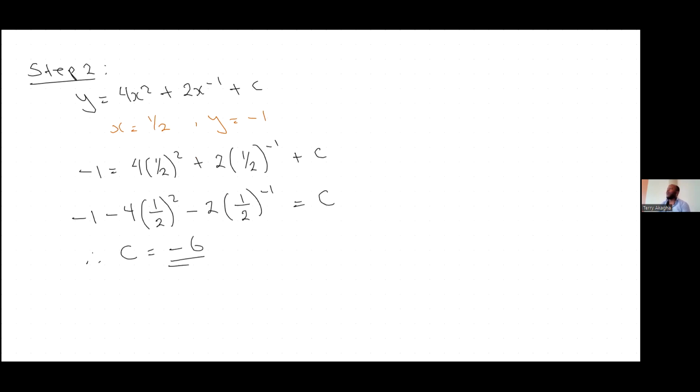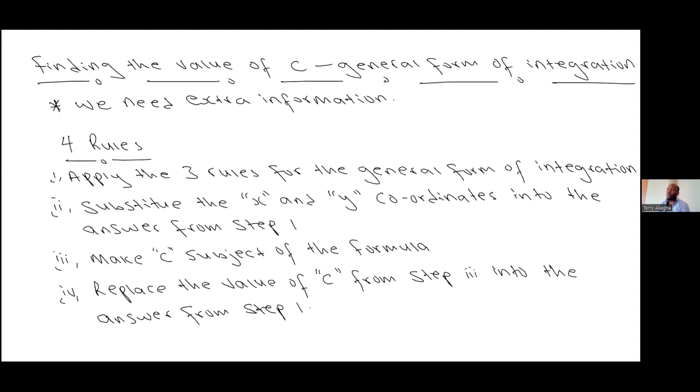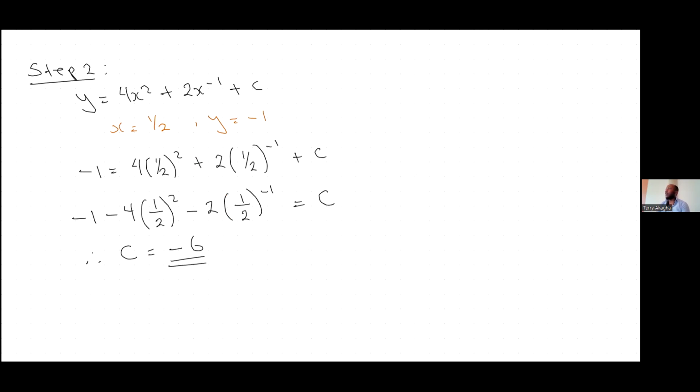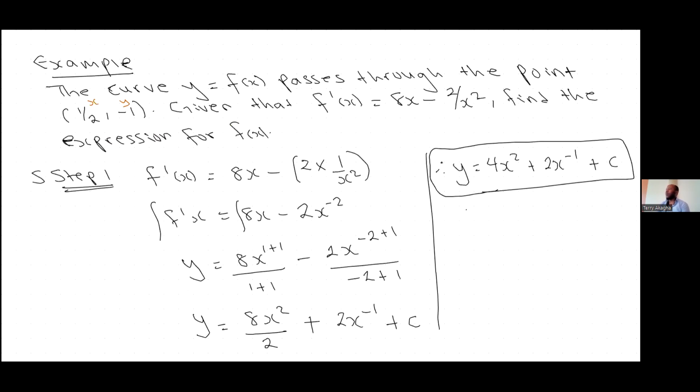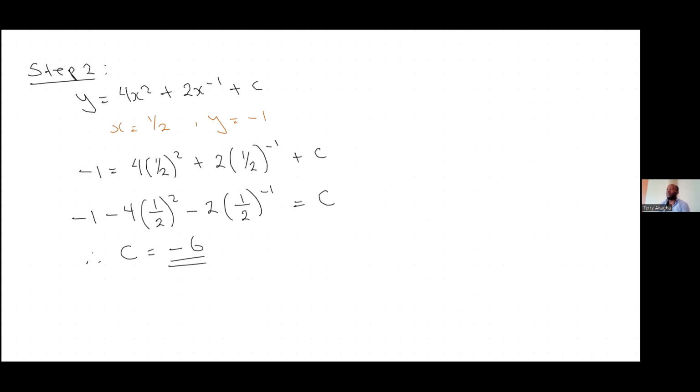So step 4 now says we need to replace the value of C that we got from step 3 into step 2. So instead of having C, we're going to put minus 6. So this is step 4.